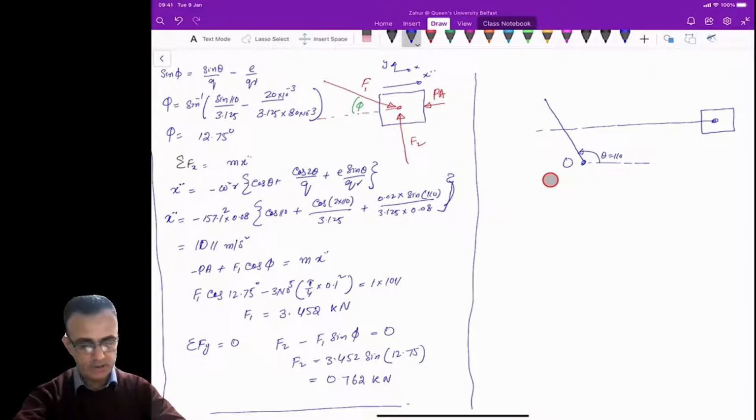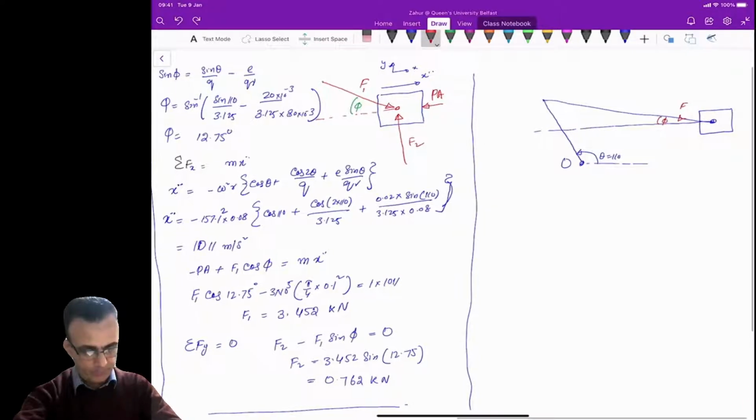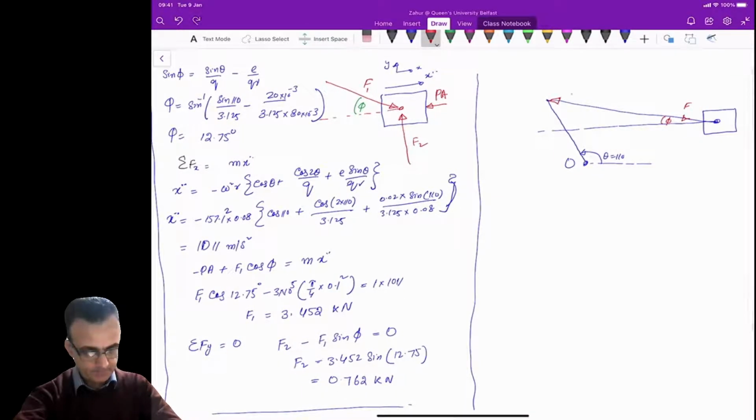It is 110 degrees, and now you can connect this point with this point here, and we know that F1 was in this direction, and this angle was phi, and similarly F1 will also act here, and this is the center of the crank here.